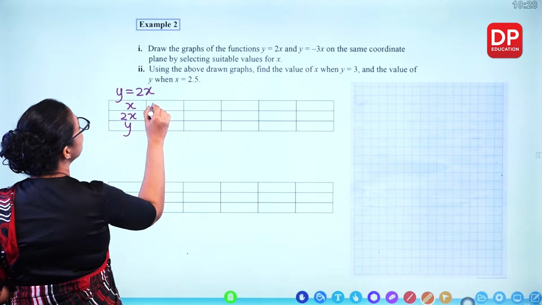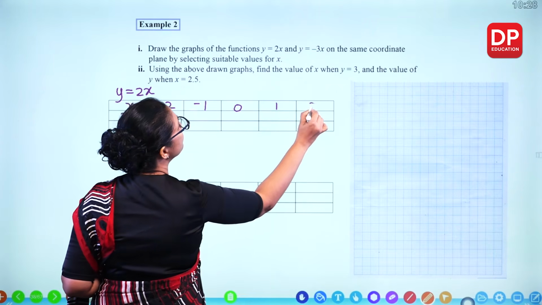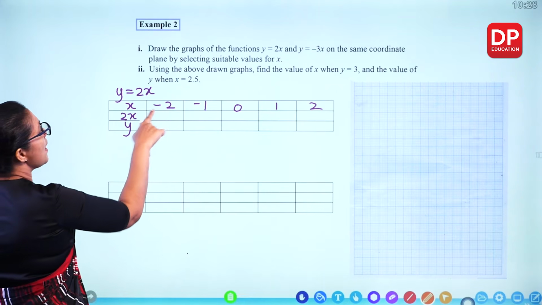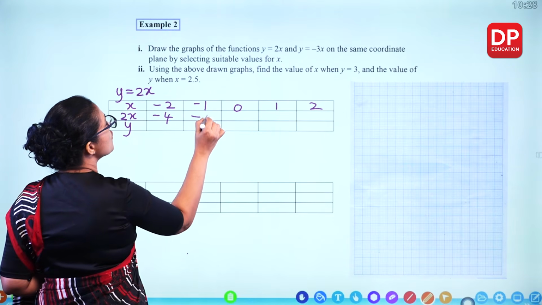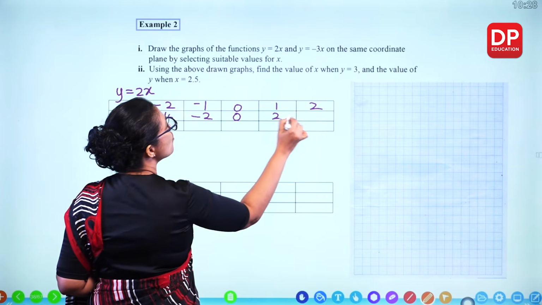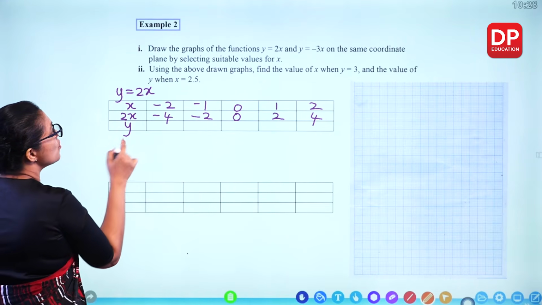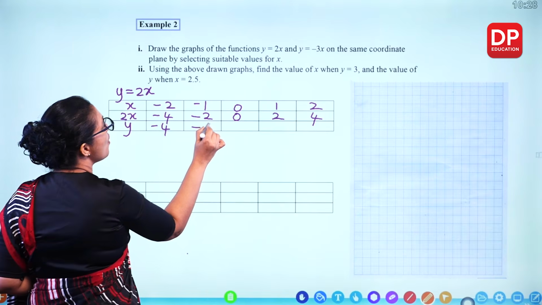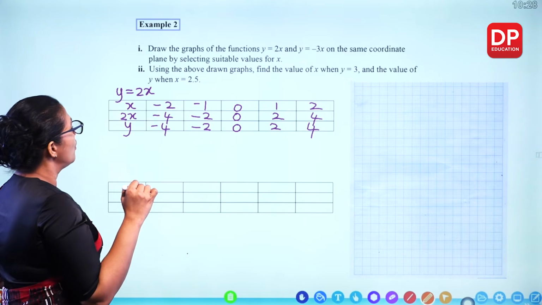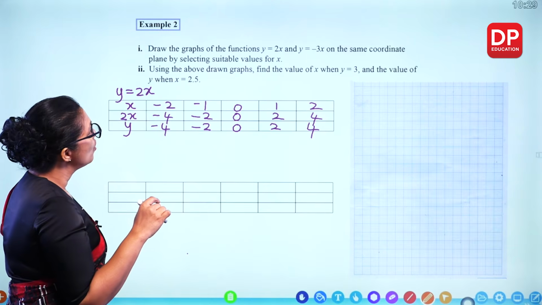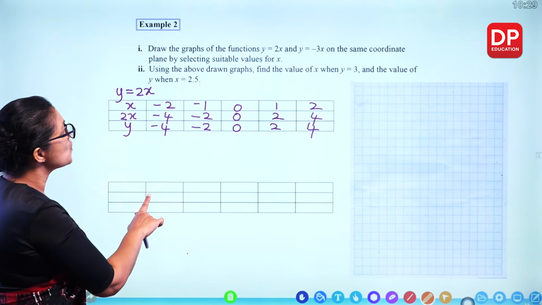Minus 2, minus 1, 0, 1, 2. Multiplied by 2, you get minus 4, minus 2, 0, 2, 4. And the y values become the 2x values. So minus 4, minus 2, 0, 2, 4. Now we need to scale it, but before that we'll calculate the other values as well.